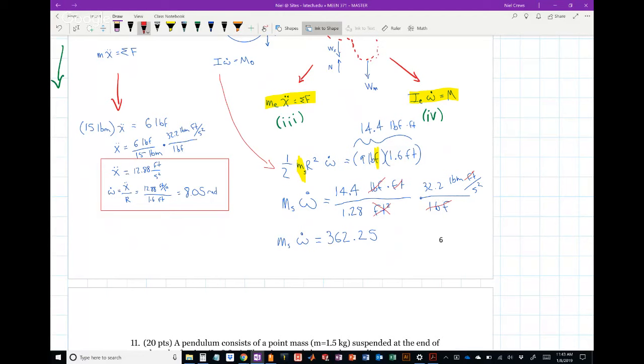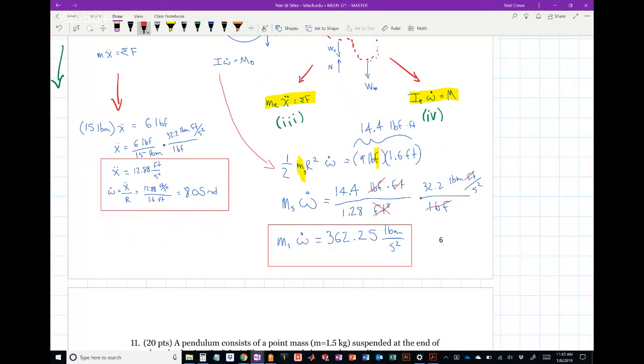What we're left with is pound mass per second squared, which I really like, because the pound mass is going to be the mass, and the per second squared is going to be this angular acceleration. So this is that second equation.